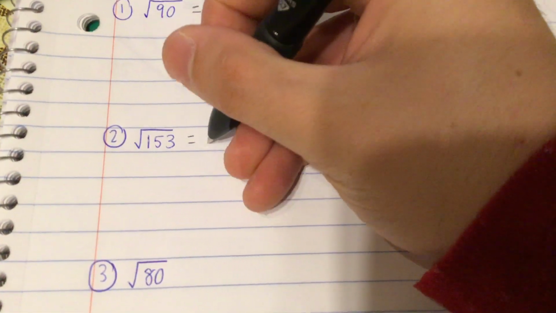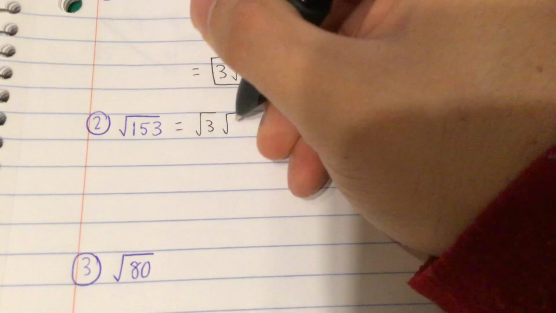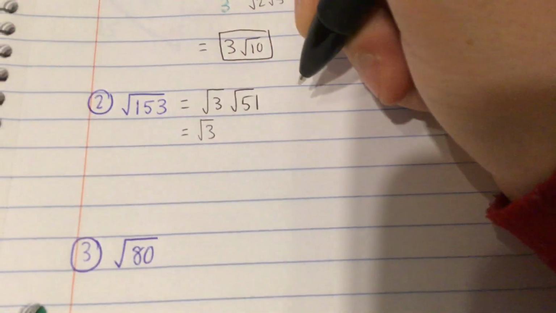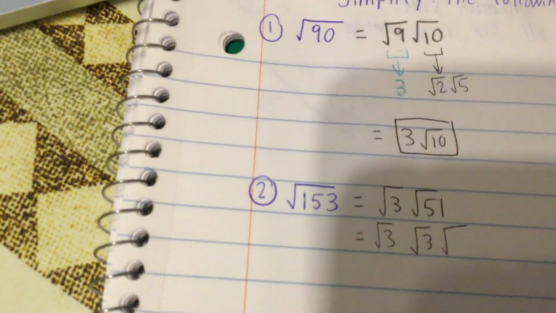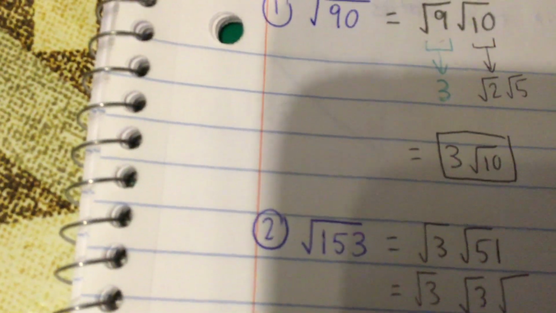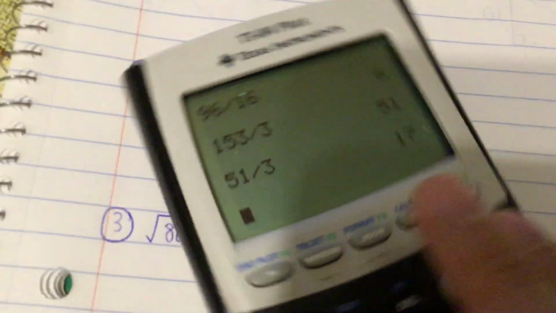So I've got radical 3, radical 51. I can't break down radical 3 anymore, but I can break up radical 51. I believe I can break that down again by radical 3 times, I think it's 17, but I'm going to make sure in the calculator. 51 divided by 3 is 17.